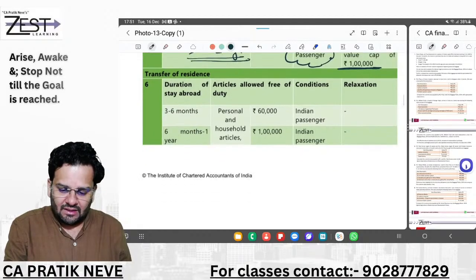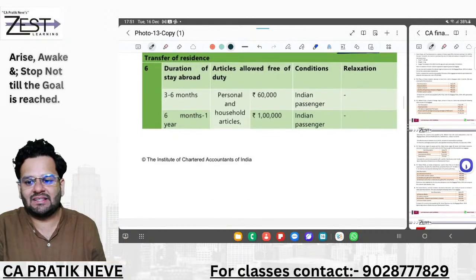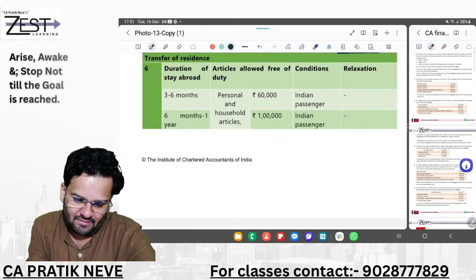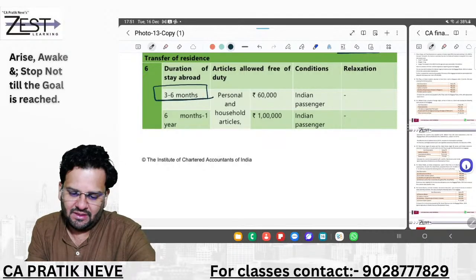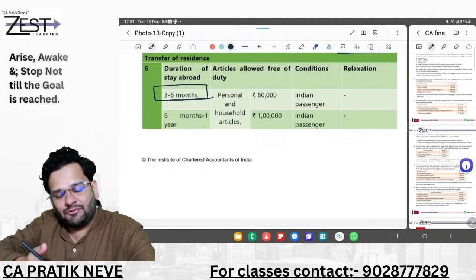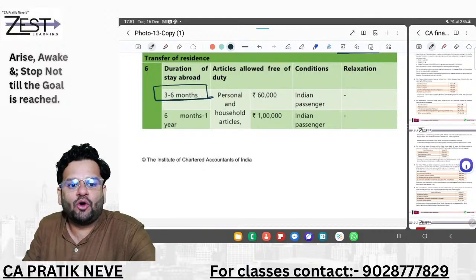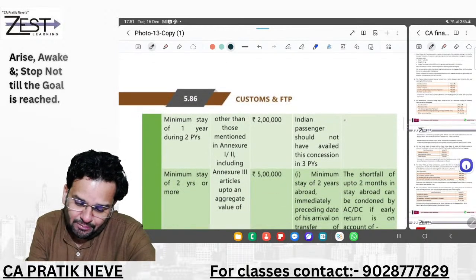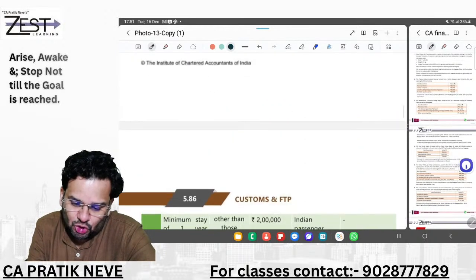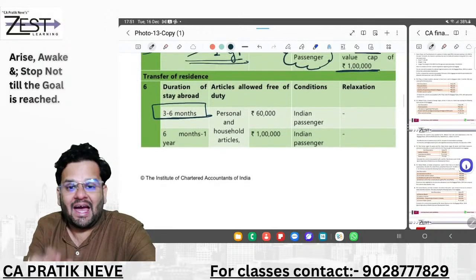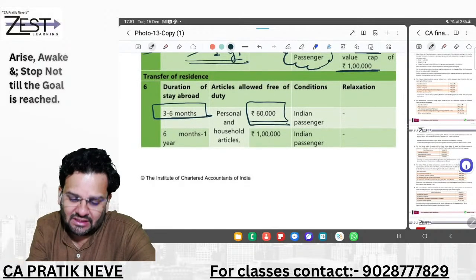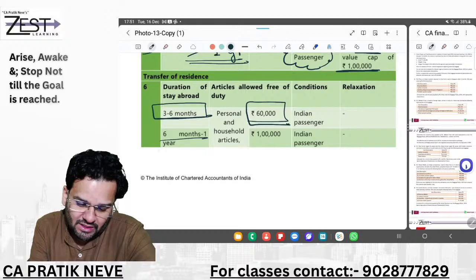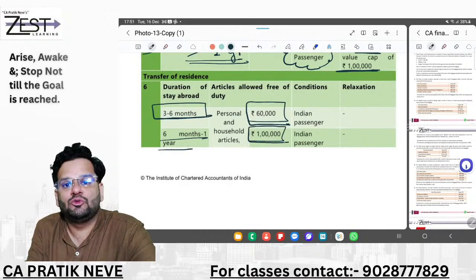Then for transfer of residence, there are some rules. What are those? If your stay abroad is 3 to 6 months and you're transferring your residence from foreign to India, then your personal and household articles, except those in Annexure 1 and Annexure 2, will be allowed as exemption up to rupees 60,000. 3 to 6 months is your stay. If the stay is 6 months to 1 year, then it is 1 lakh rupees.